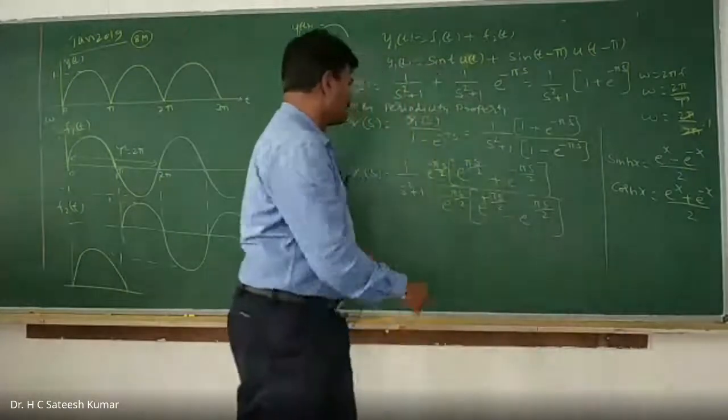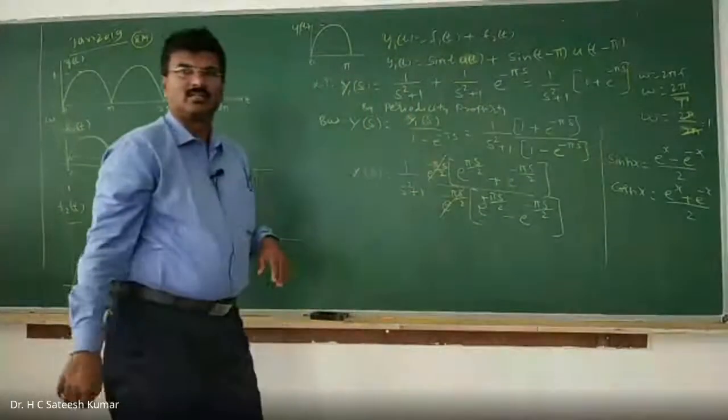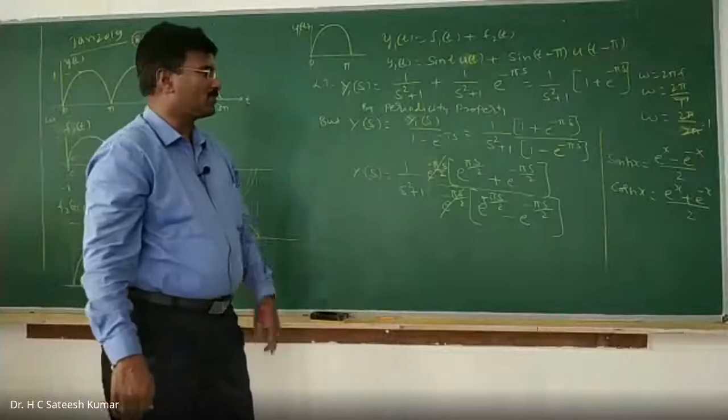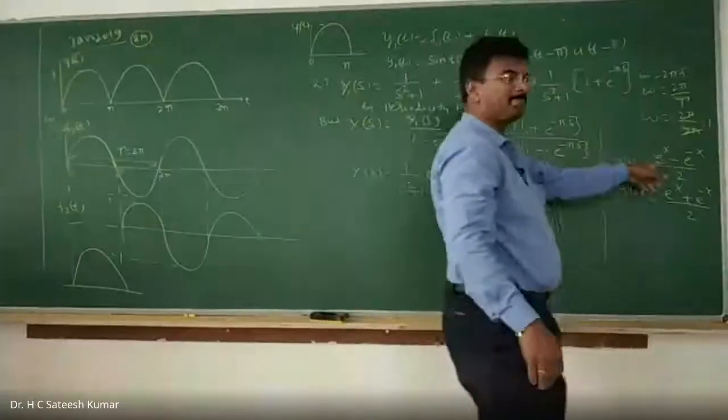Okay. Now these two get cancelled. Then what will happen? Divide numerator and denominator by 2. You will get it in this format.